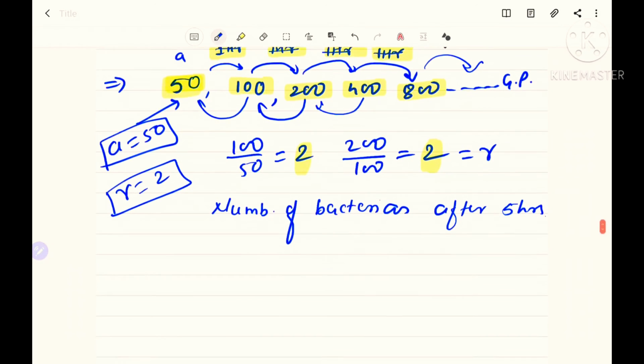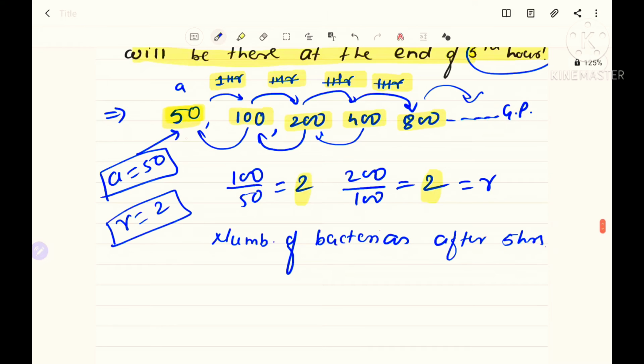So friends, this is the time where the experiment started. So we can consider this as the 0 term. Try to understand this thing. So this is 50, the number of bacteria present initially, means whenever you start an experiment, that indicates 0 time. Then the number of bacteria present after 1 hour, then 2 hours, right?